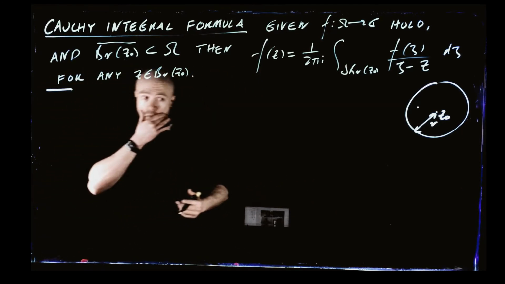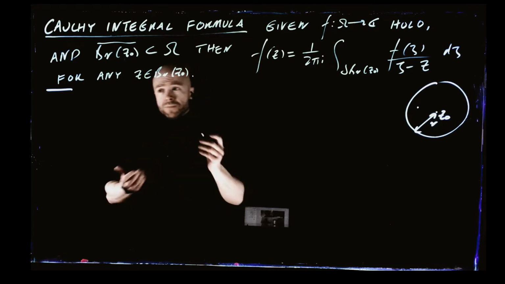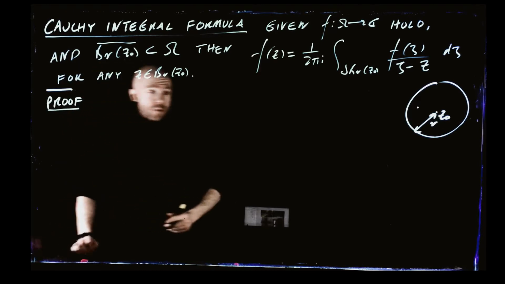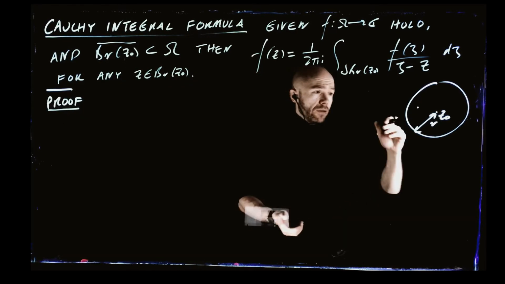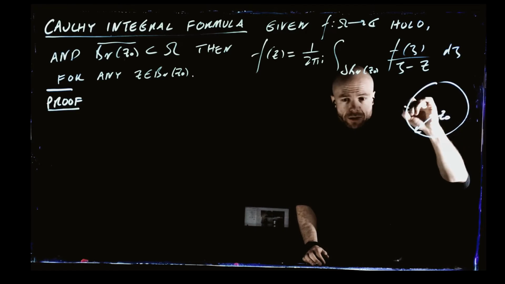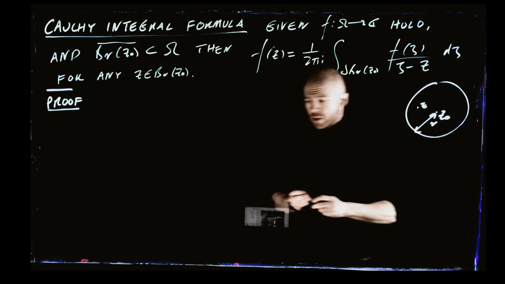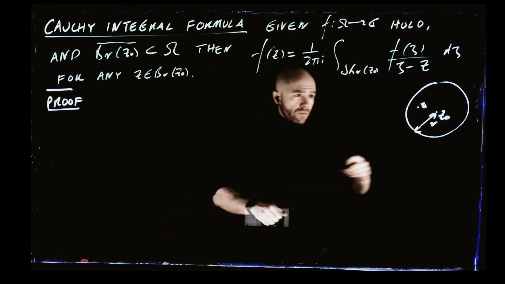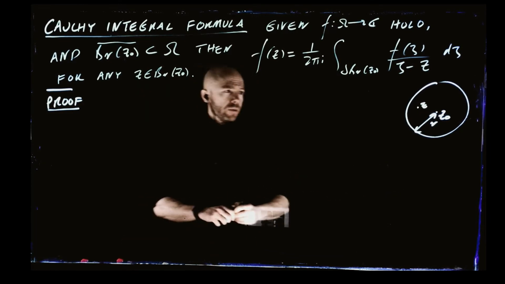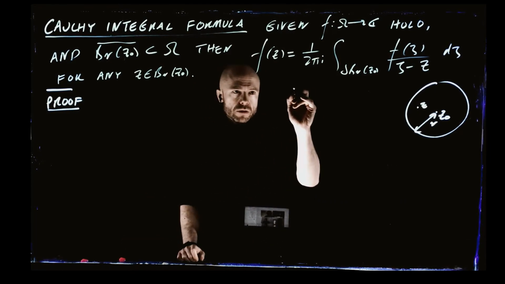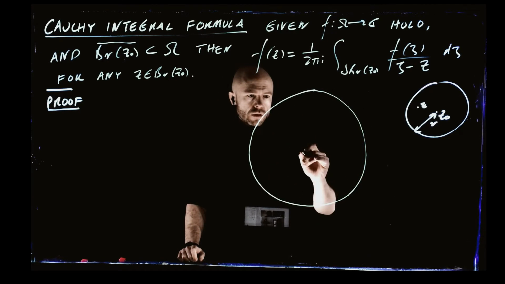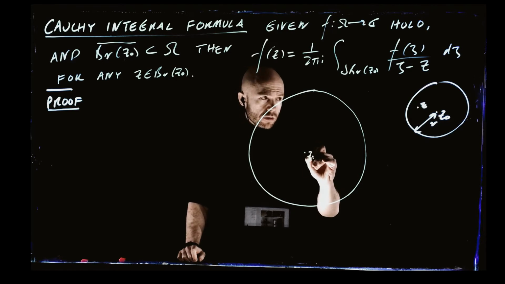So how are we going to prove this? Well, we're going to use the stuff that we've learned already. So we have some point like this, z, and we are going to create a keyhole contour. Actually, maybe I need to create a bigger picture. Let me do a bigger picture like this. This is z0.